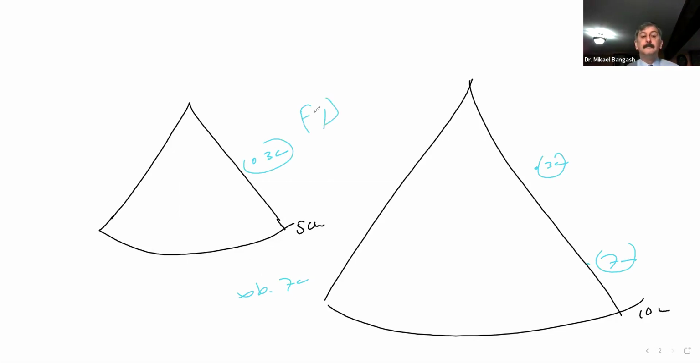Did that make sense? And what did we mean by focal depth? The depth at which the beam is at its narrowest.